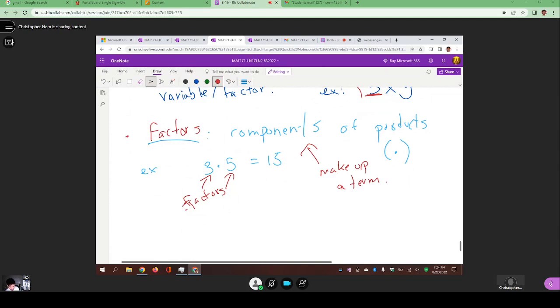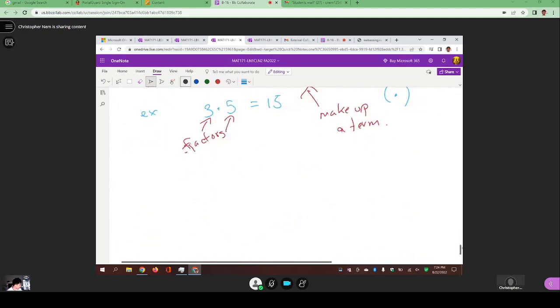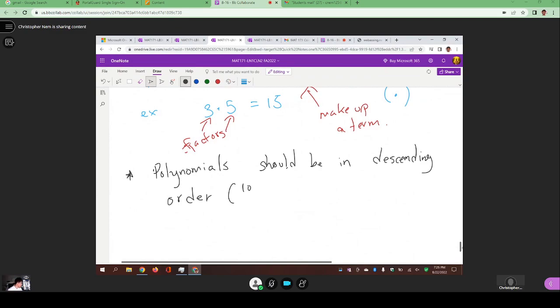So now that we got that out the way, we can go to the next thing. When we're doing any sort of polynomial, there's a little remark that I want you guys to always remember. Polynomials should be in descending order. And what that means is highest exponent to lowest.